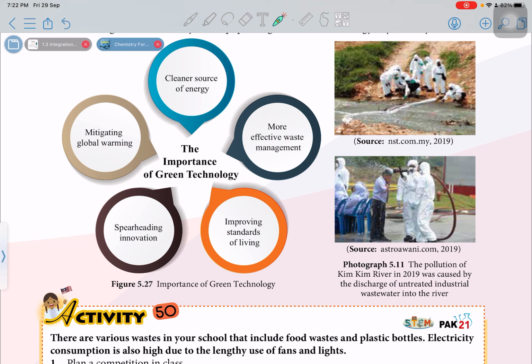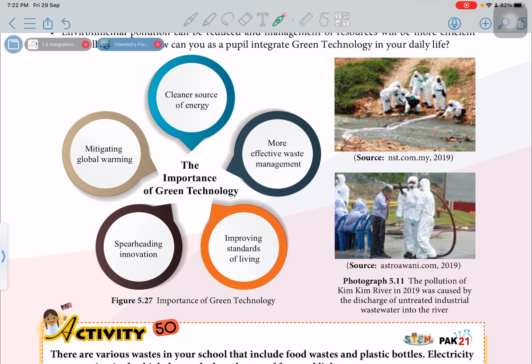But if you guys want to remember, I'm not sure if it is acceptable if we do not use the answer from the textbook. But I can suggest to you guys that just take the easy example. For example, cleaner source of energy. We know that the aim of green technology is to have cleaner source of energy.